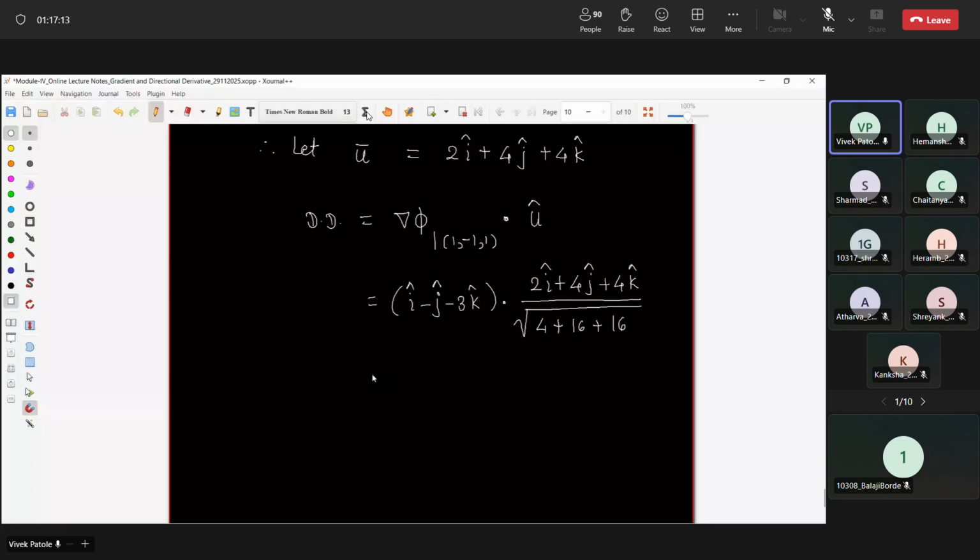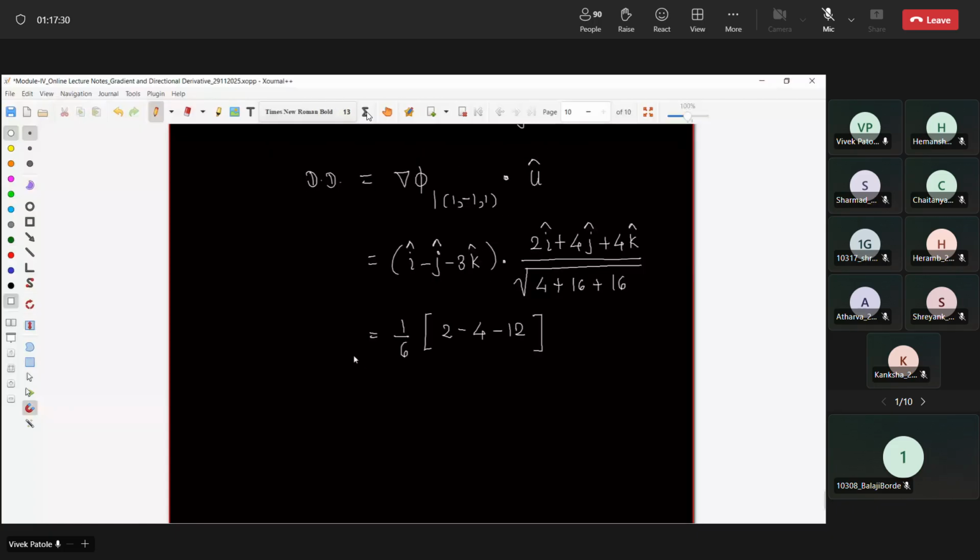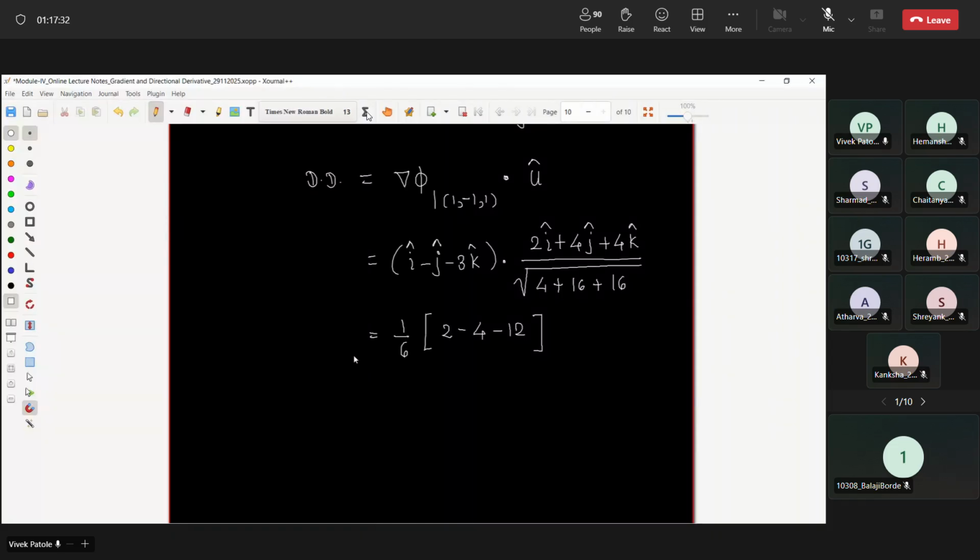Therefore 1 upon 6, get the dot product, which is 2 minus 4 minus 12. Correct, no? Yes, sir. Minus 7 by 3 is the directional derivative.